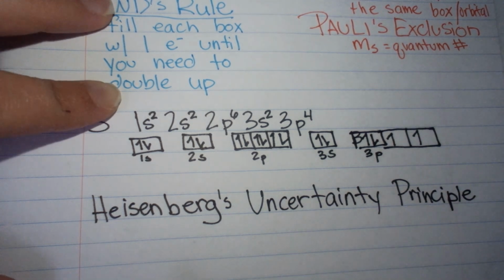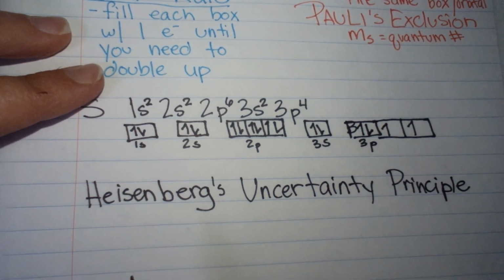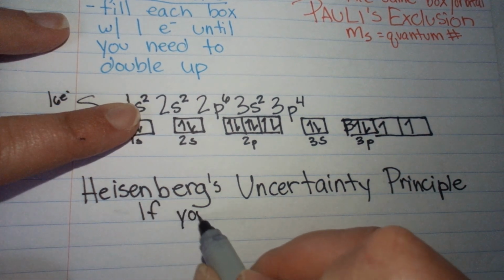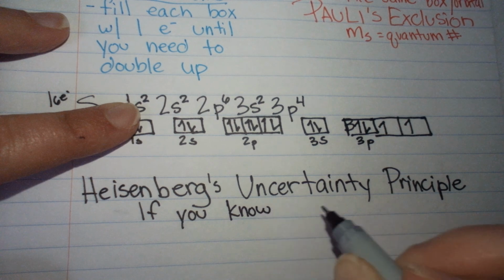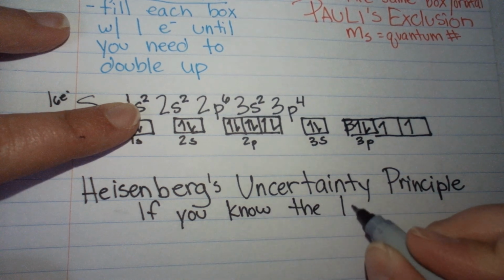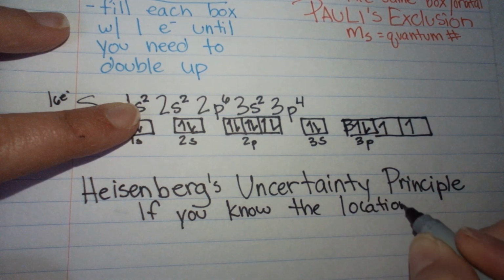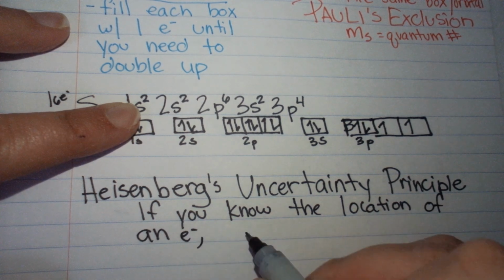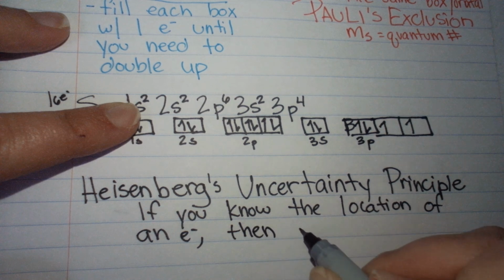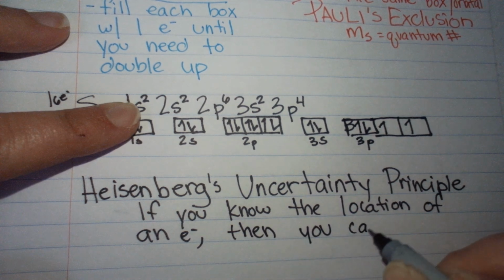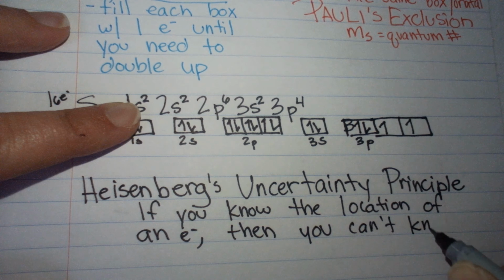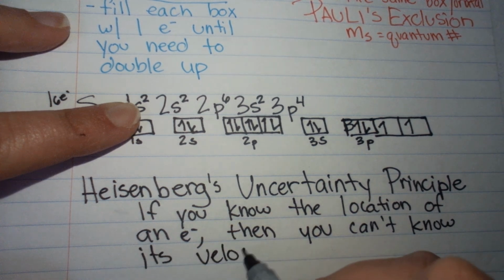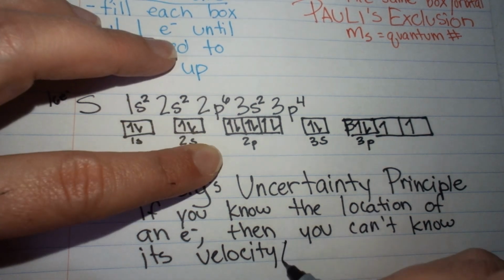So the uncertainty principle says that if you know the location of an electron, then you can't know its velocity or its speed. We'll just use speed for our purposes.